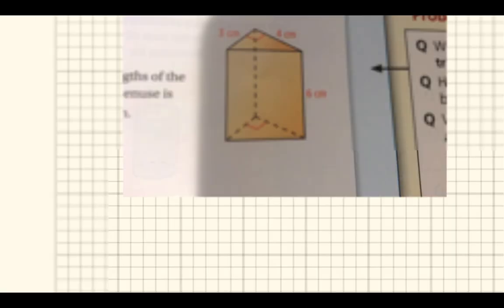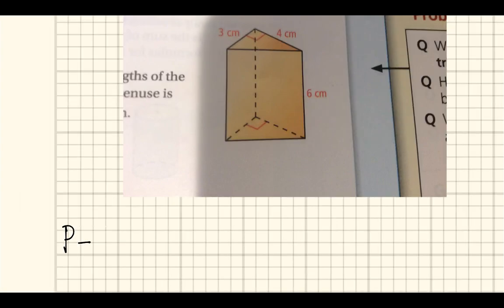So let's first find the perimeter of the base. It doesn't matter which base, since both are congruent. This side is 3, this is 4, that's a total of 7, but I don't have this length here.